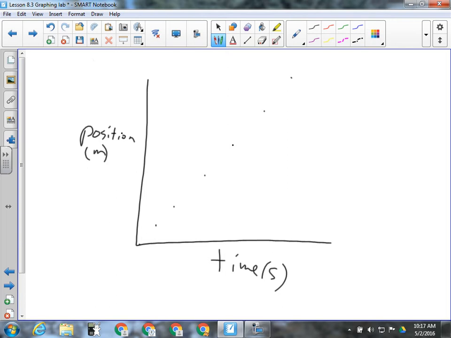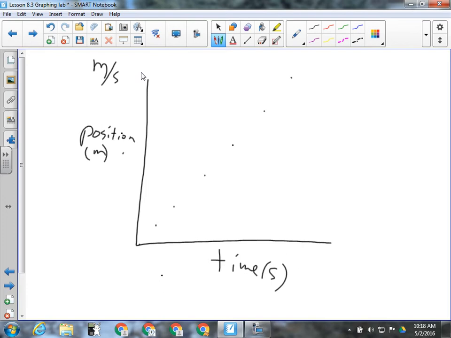Because obviously the units for speed are meters per second, and this graph is showing where they are as a function of the time in seconds, right? So hopefully we're going to get a fairly linear progression. It's not going to be perfect because there's all kinds of factors that can interfere with the cart, but it's going to be pretty close to perfectly straight. Everyone following me there? All right.